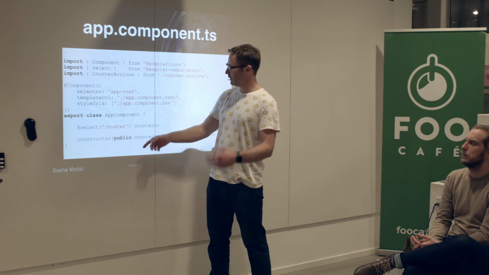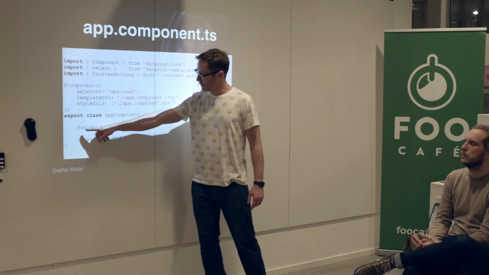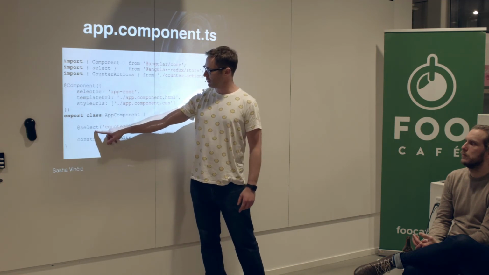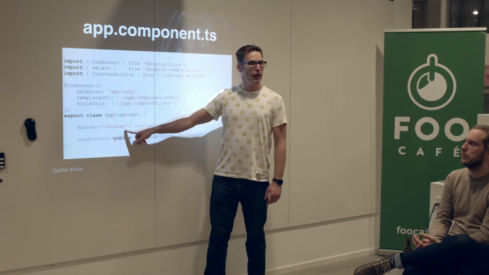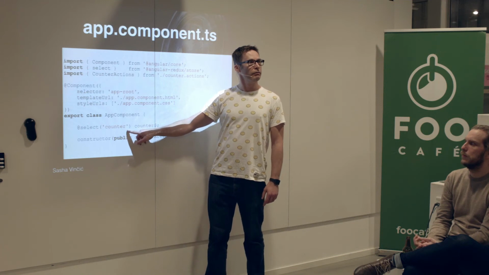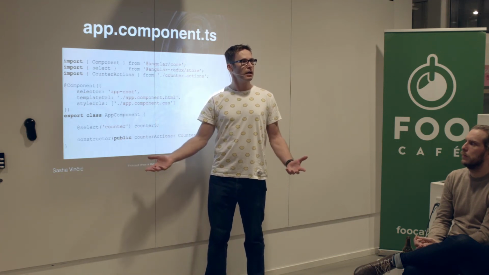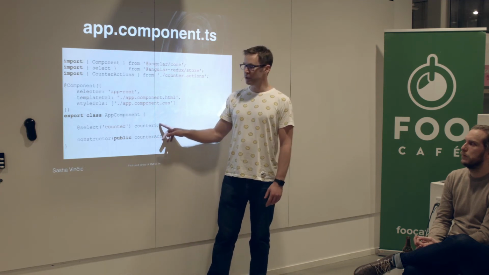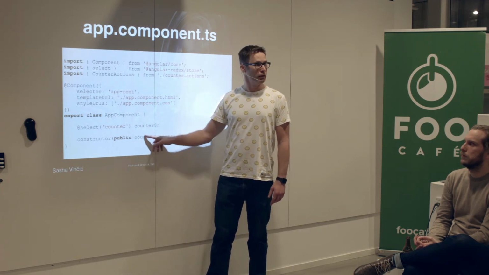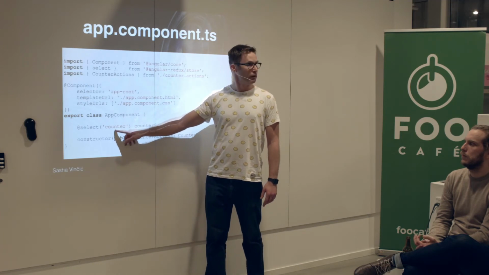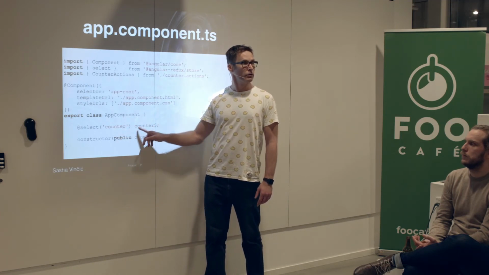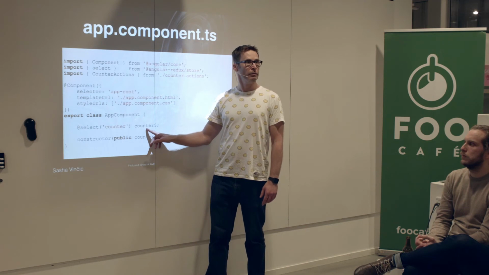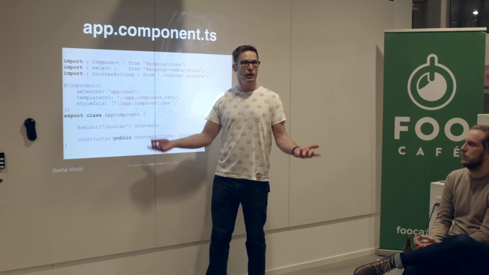At least this is the notion, and you tell it: I'm interested in the value of counter in my application state, and I want it to be here. And what you get here is an observable for that value, which you can subscribe to and do whatever.